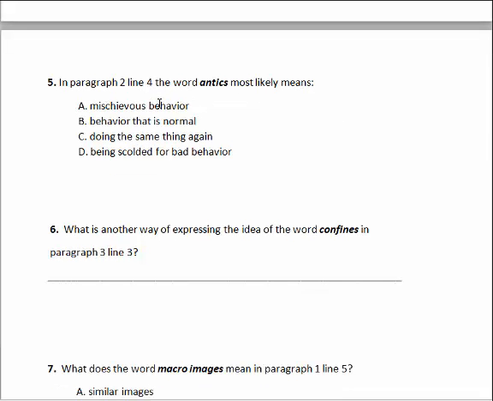5A says mischievous behavior. Mono behavior that's self-satisfying, is that mischievous? Put a pin in it. Behavior that is normal. Well, if mono behavior and self-satisfying is negative, is that behavior normal? Probably not. Cross that one. Oh, we already know that ANTI means to go against it. So I'm thinking already, ooh.